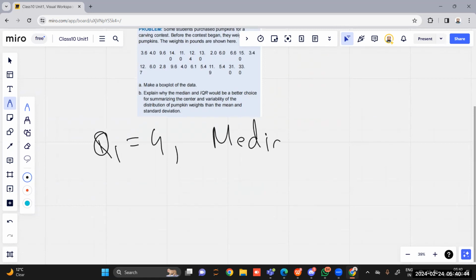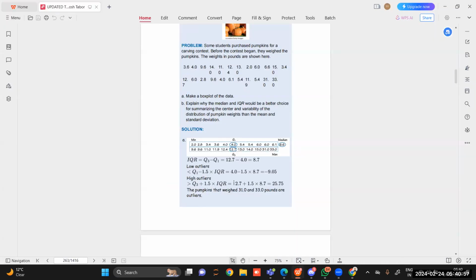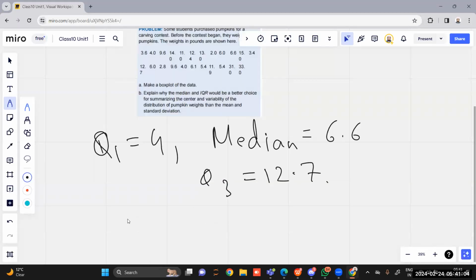Median is 6.6. And Q3 is 12.7. So what is the lower fence and upper fence?